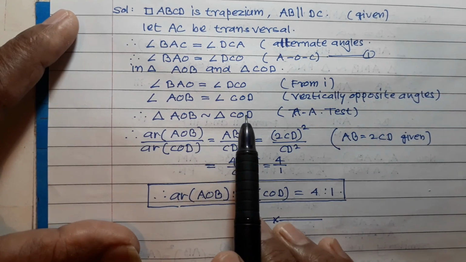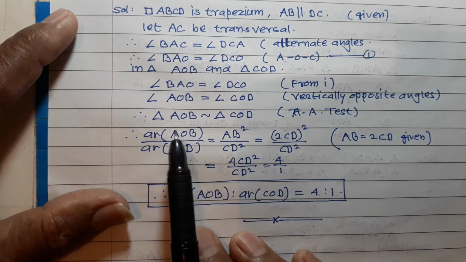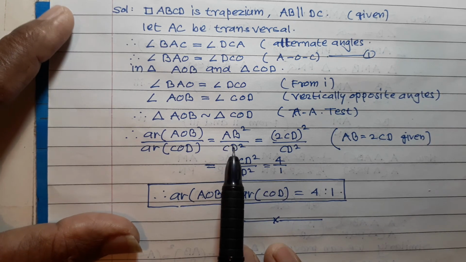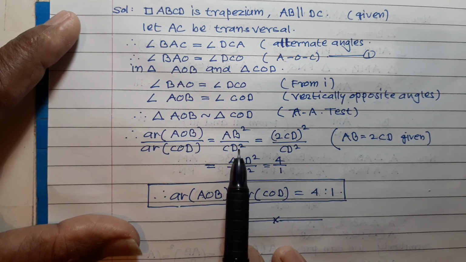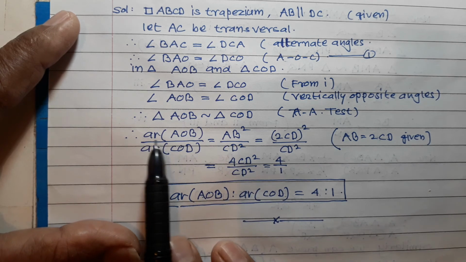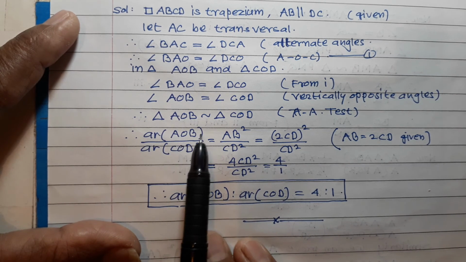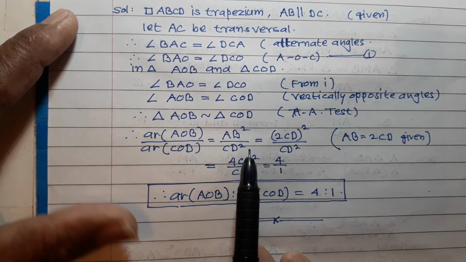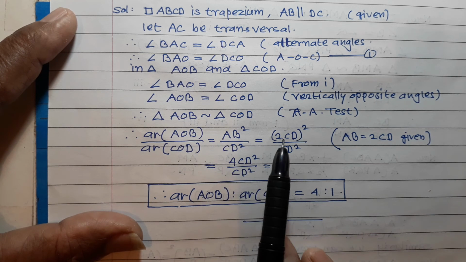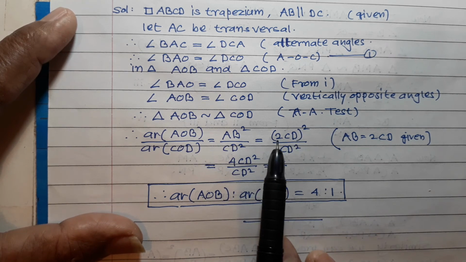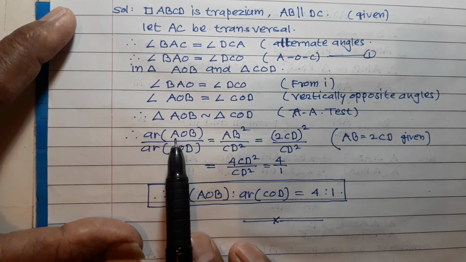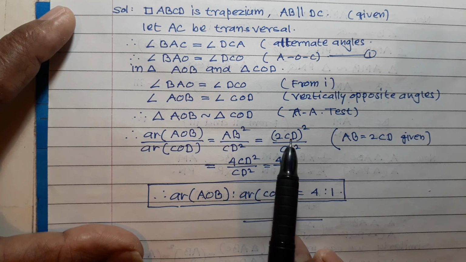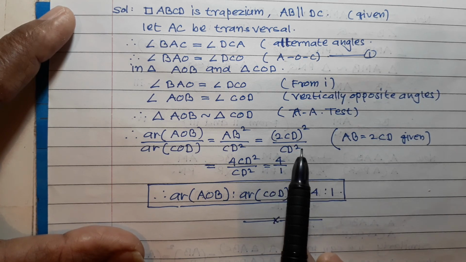Now these two triangles are similar, therefore the ratio of their areas is equal to the square of the ratio of their corresponding sides, and therefore area of AOB upon area of COD is equal to AB square upon CD square, but AB is equal to 2CD, given, and therefore area of triangle AOB upon area of triangle COD is equal to (2CD) square upon CD square.